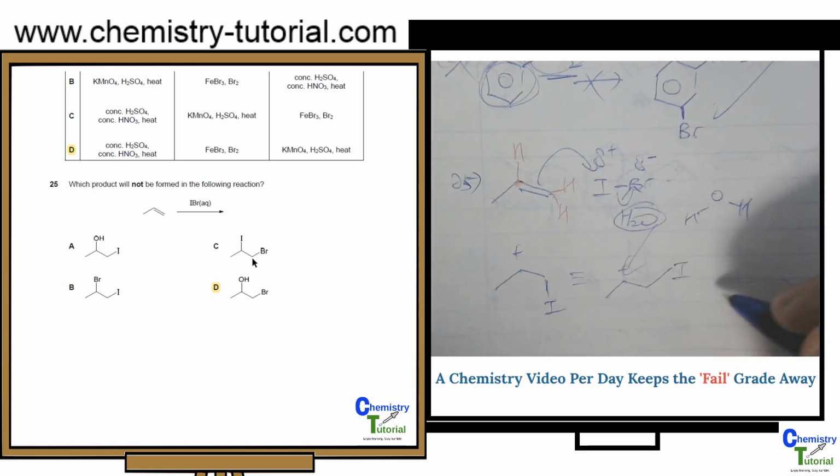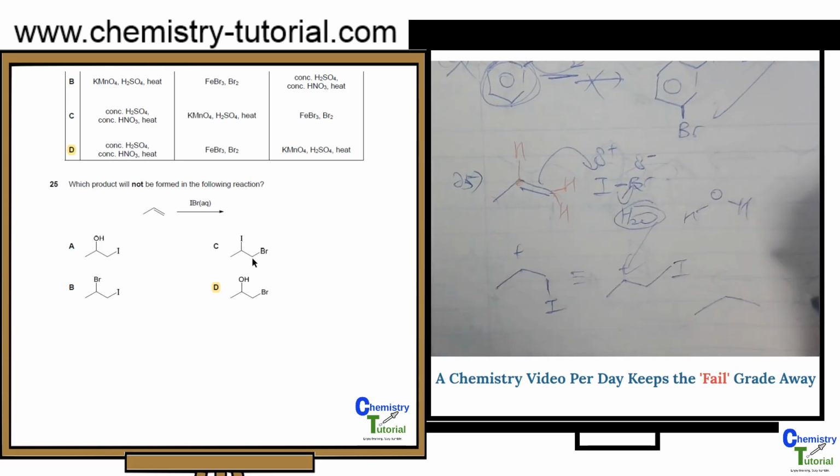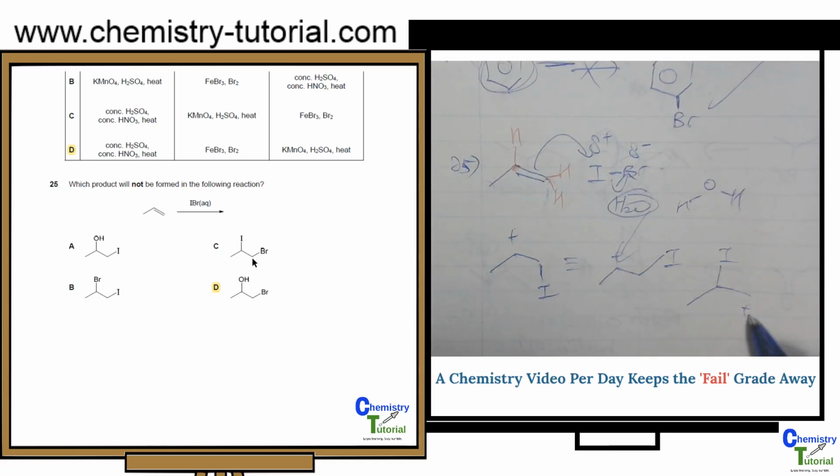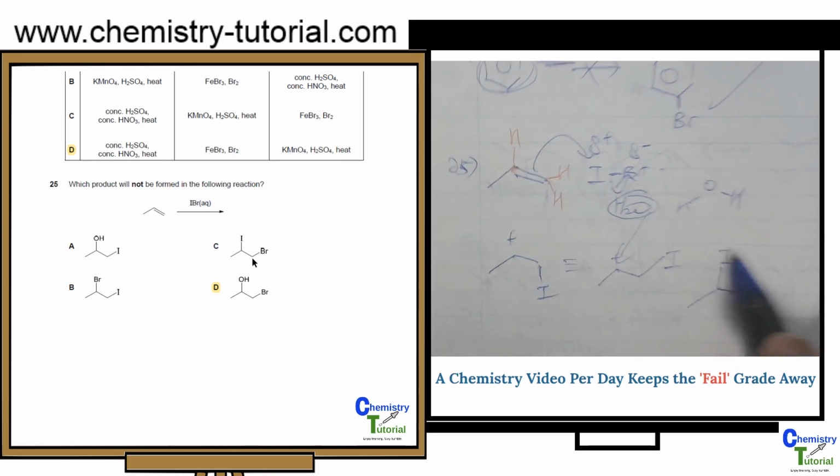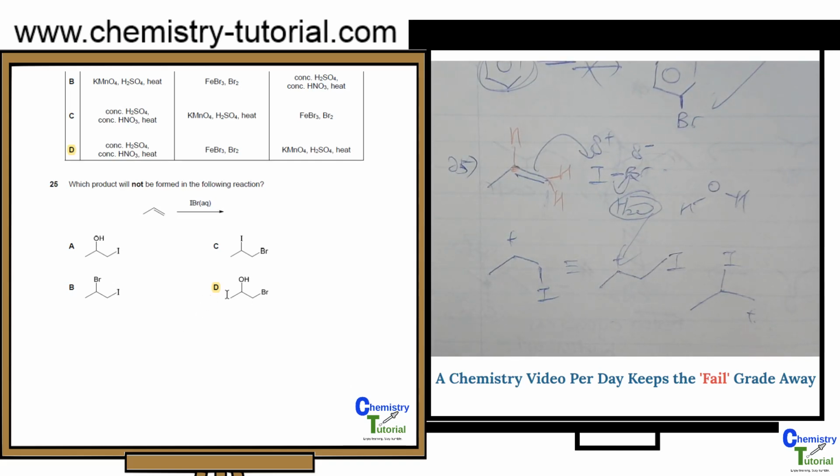If you want to form this instead, it's okay. However, bear in mind that this is a primary carbocation, so it's not as stable, but still it can occur. But nevertheless, you must attach the I. But notice for option D, you are not attaching any I. So therefore, this product will never be formed in the following reaction.